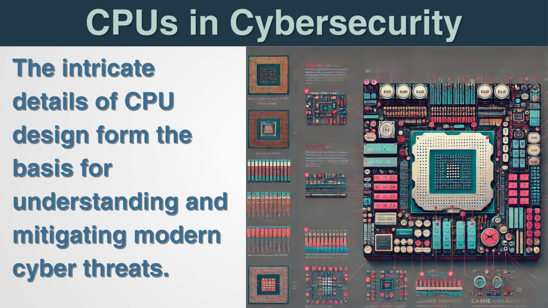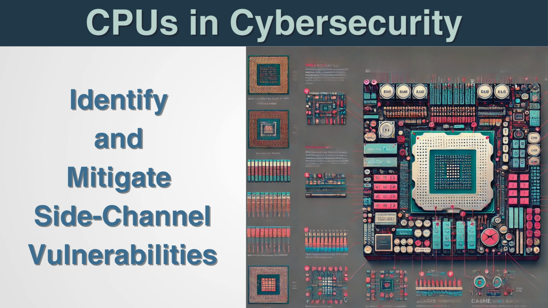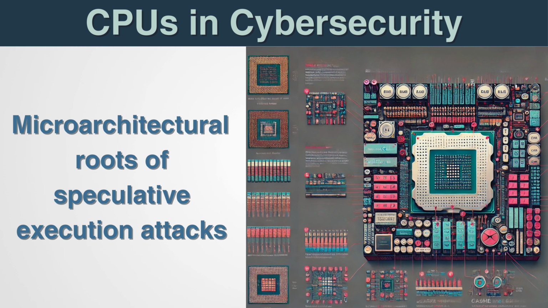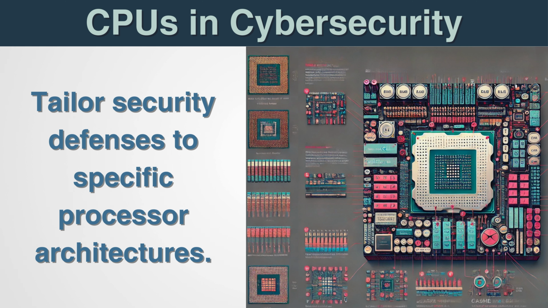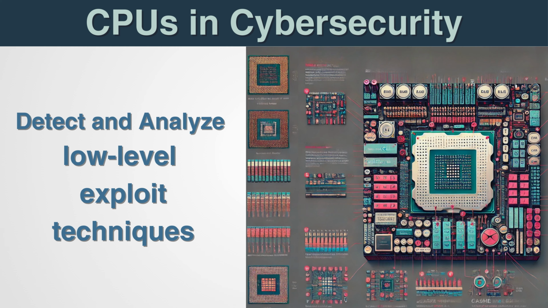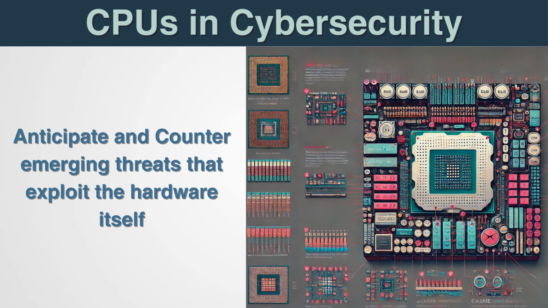Detailed technical knowledge of these aspects enables professionals to identify and mitigate side-channel vulnerabilities, understand the microarchitectural roots of speculative execution attacks, tailor security defenses to specific processor architectures, and detect and analyze low-level exploit techniques in malware and attack vectors. In essence, a deep technical grounding in CPU architectures not only enhances the capability to secure systems against existing vulnerabilities, but also prepares professionals to anticipate and counter emerging threats that exploit the hardware itself.